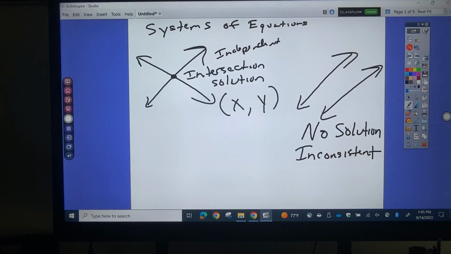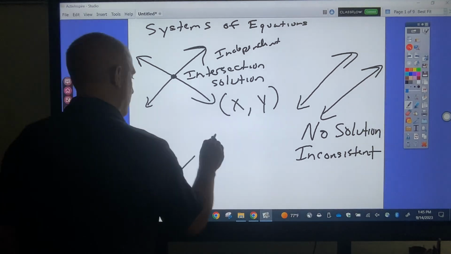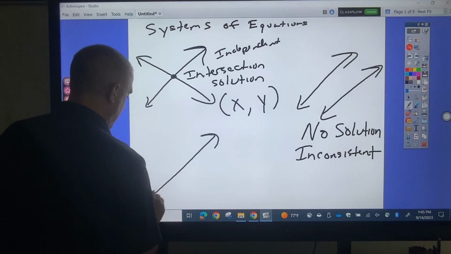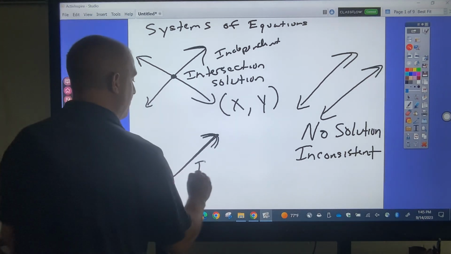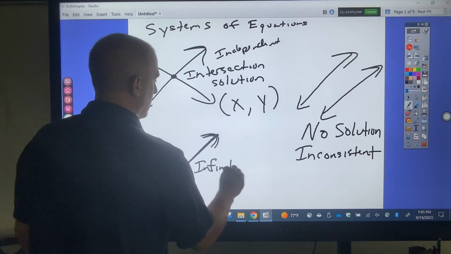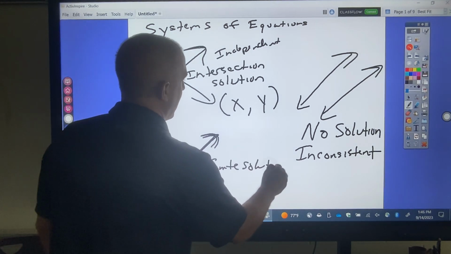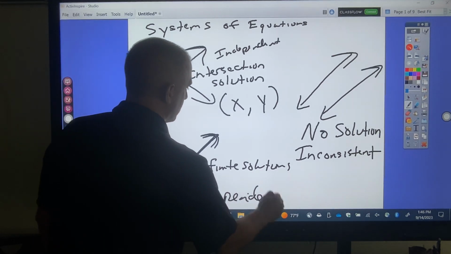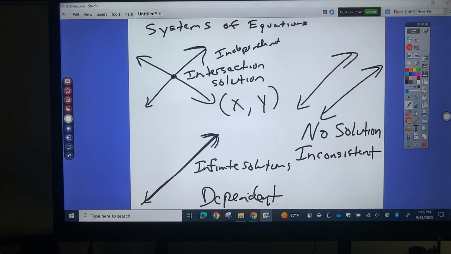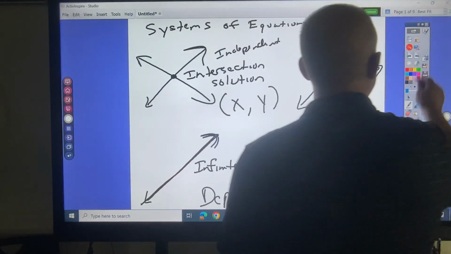Now, if you ever have one where the lines are on top of each other, for instance, one line on top of another line, that would be infinite solutions. They also call that a dependent system because it has a solution, but it's dependent on the other line.